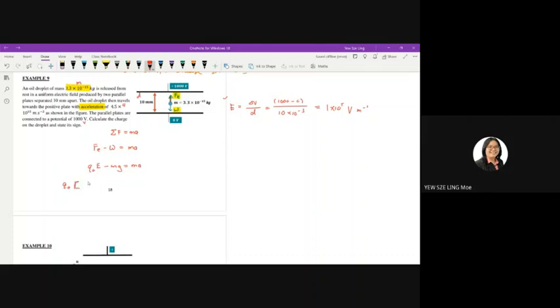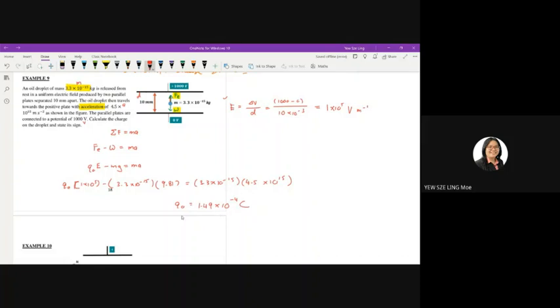My E is 1 times 10 to the power of 5, minus m, which is 3.3 times 10 to the power of negative 15, times 9.81, equals 3.3 times 10 to the power of negative 15 times the given acceleration, 4.5 times 10 to the power of 15. Rearranging, you should get q equals 1.49 times 10 to the power of negative 4 coulomb.